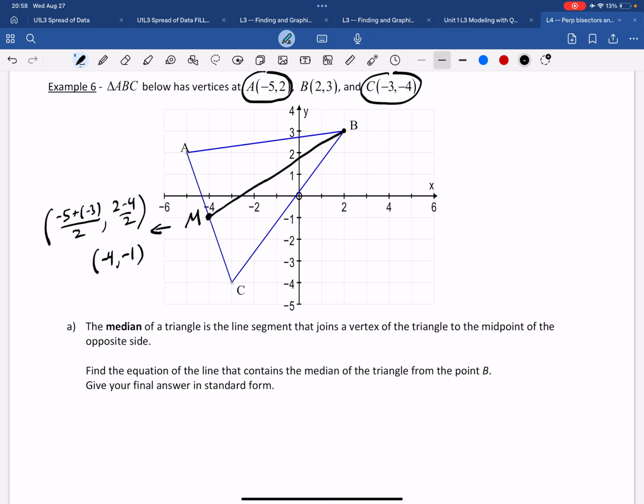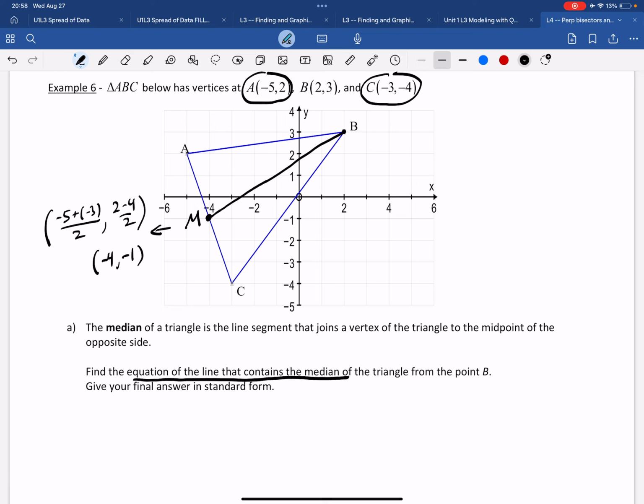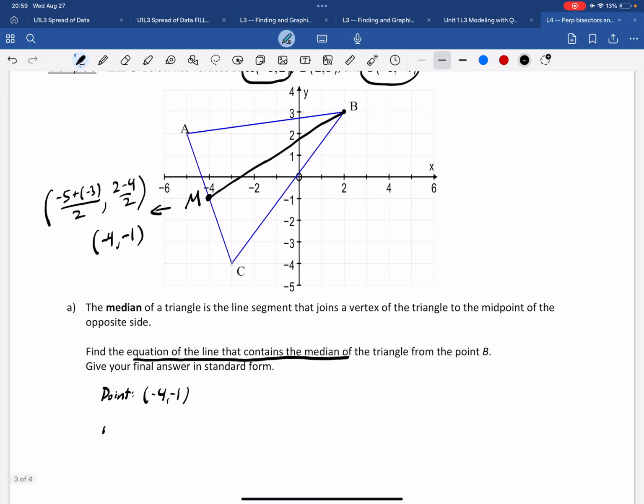Now the slope that we want is the slope of this line, because we want an equation of that line. We have the point M, and we have the coordinates of B. So we just have to find the slope. Our point is the midpoint, -4, -1. The slope is the change in the y's over the change in the x's.